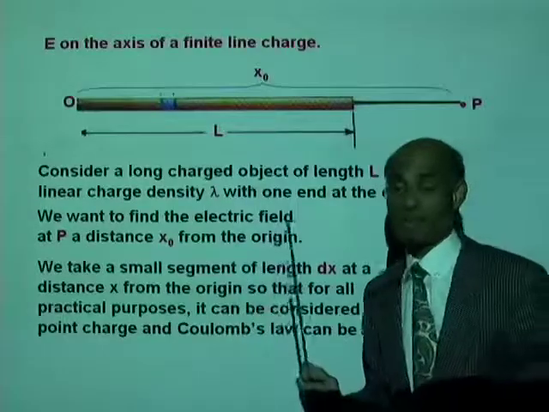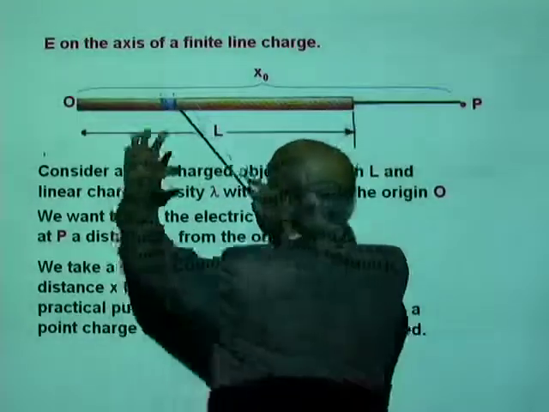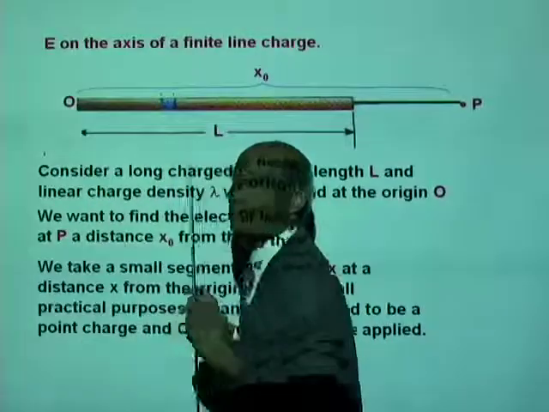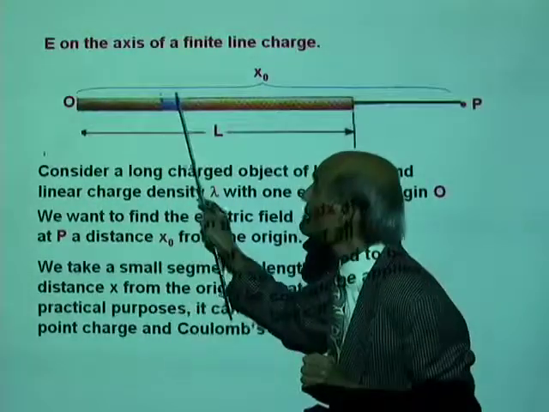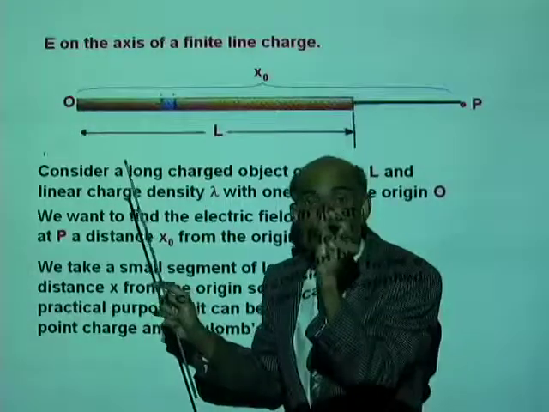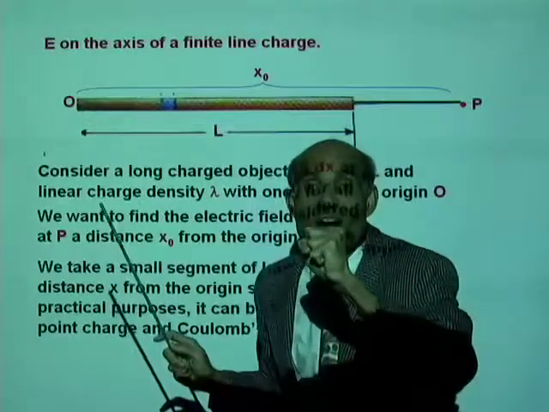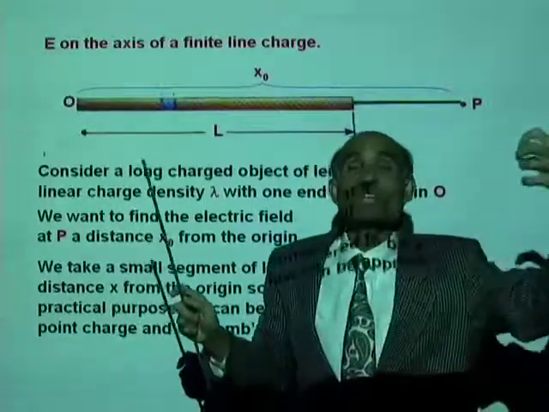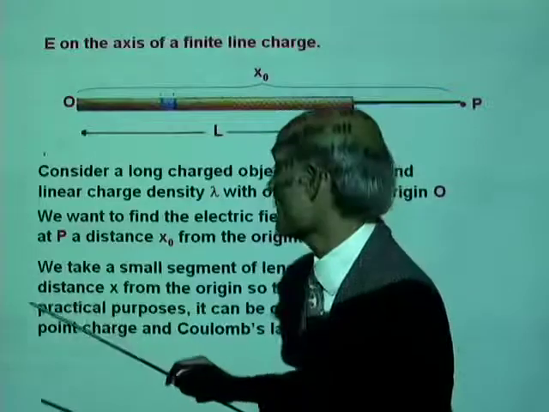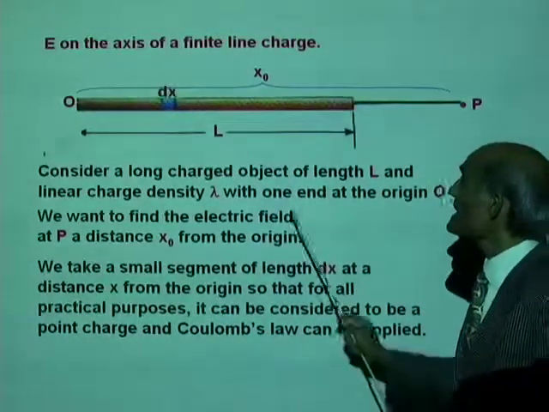In order to do that, we are going to use the method of calculus, because this is an extended charged object. What we will do is we will take a small section of length dx. That will then act as a point charge, and then we can use the equation we derived already. So we take a small segment of length dx.